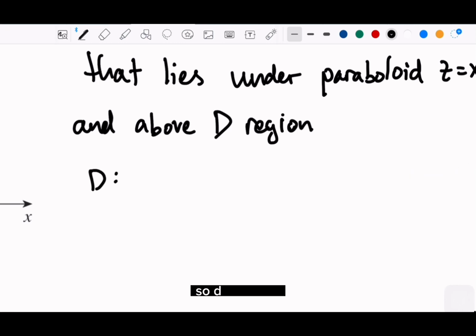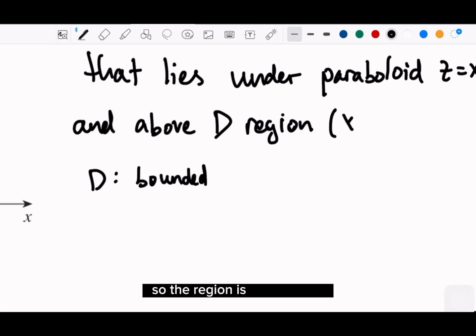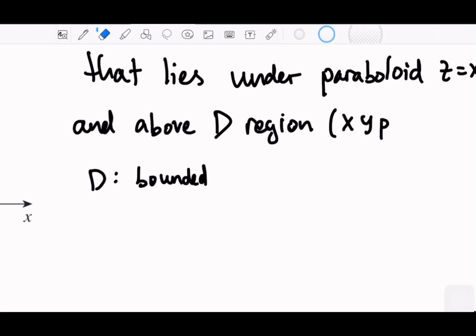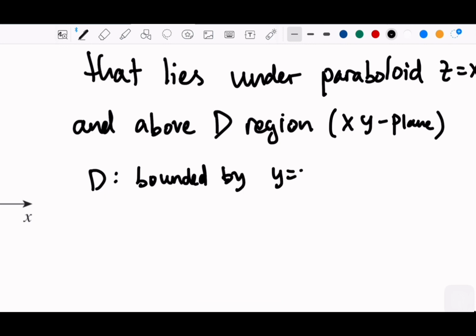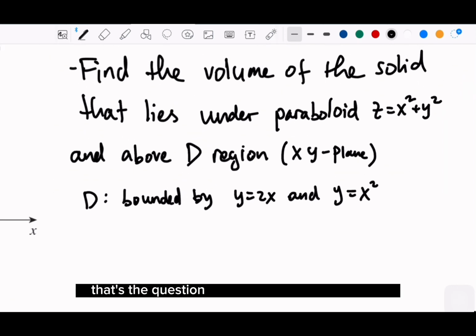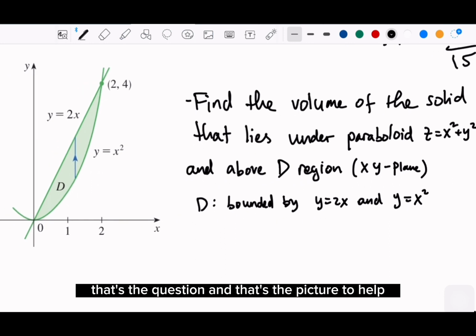So D is bounded, so the D region is on the XY plane, bounded by that's the question, and that's the picture to help.